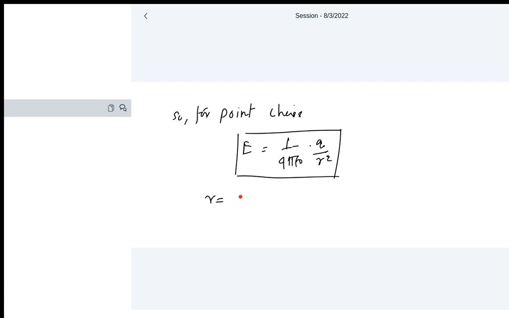R is nothing but the point where we are interested in finding the electric field.